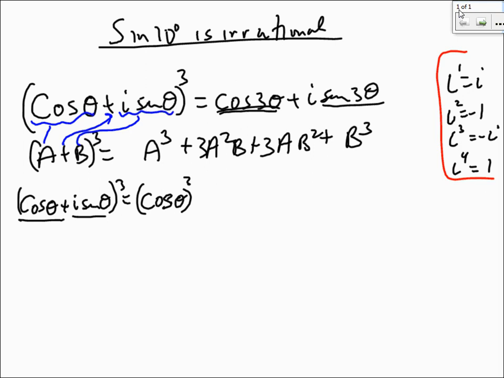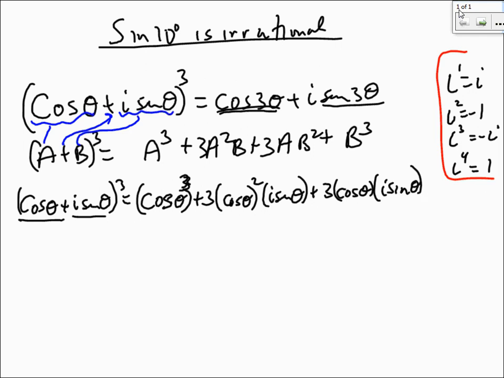It's a cubed plus 3 times a squared times b plus 3 times a times b squared plus b to the third.